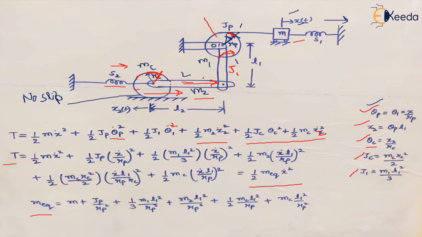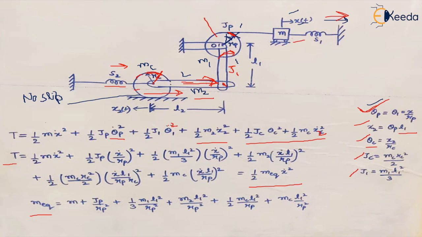And we can find the relationships: theta p is x upon rp. What will be x2? X2 is this displacement. It will be theta p into L1. That means the linear movement of this link 2 is given by theta p into L1, because all the other components are rotating and this rigid link 2 is fixed at this point.